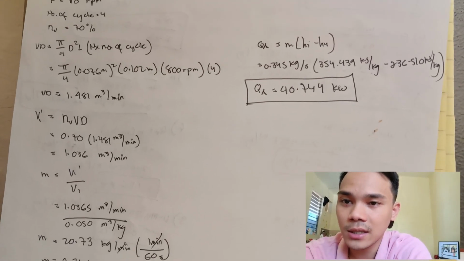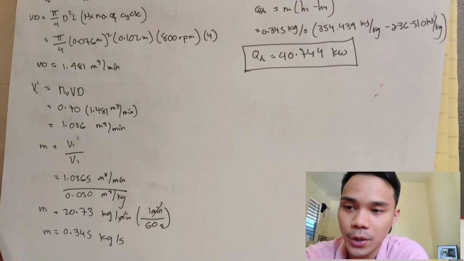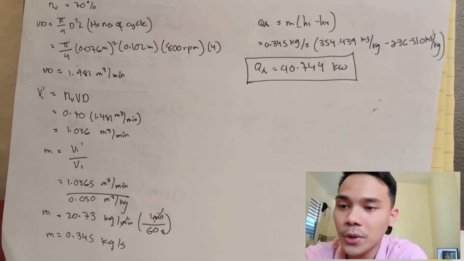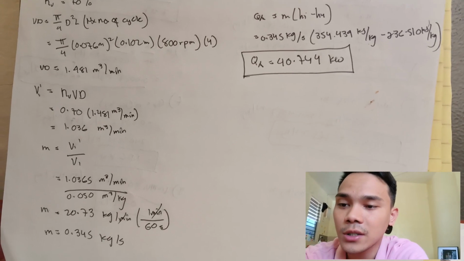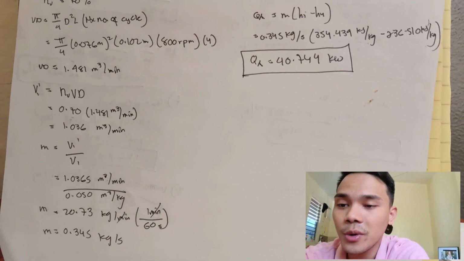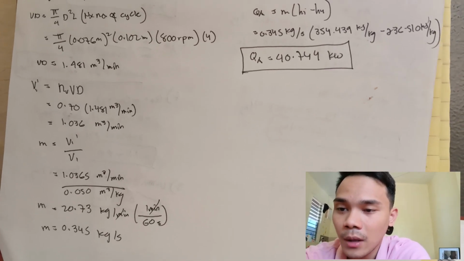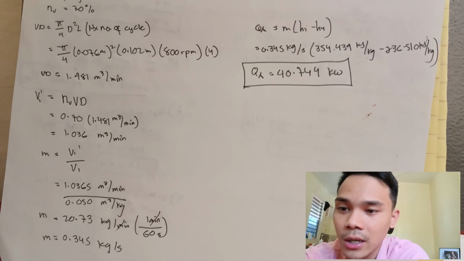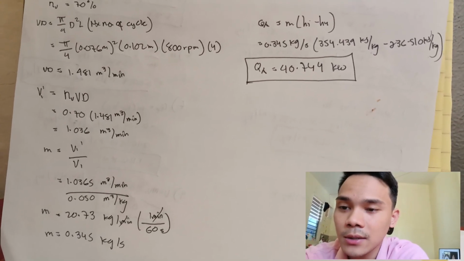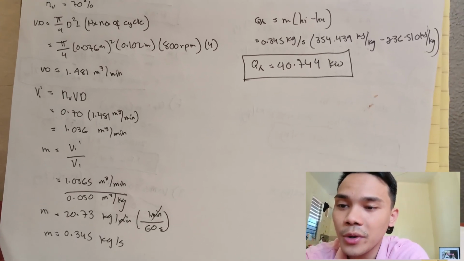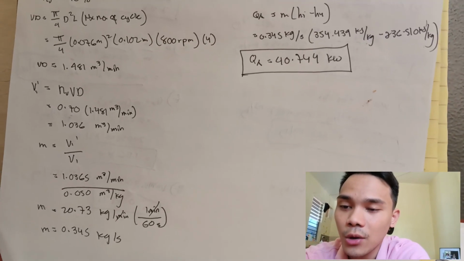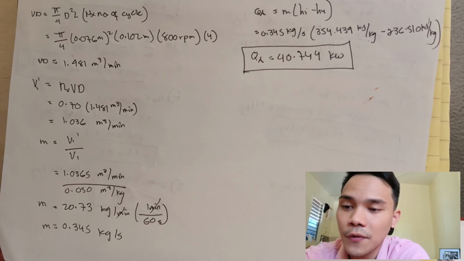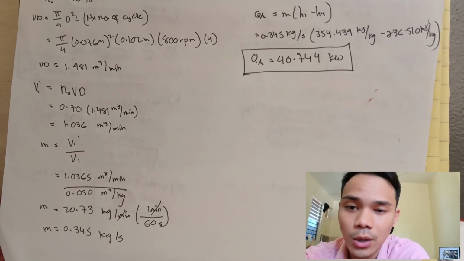Next we solve the mass flow rate: V2 over V1, so 1.0365 cubic meter per minute over 0.0500 cubic meter per kilogram. The minute we convert into seconds, then the cubic meter cancels out. The answer is 0.345 kilogram per second. So that is the mass flow rate.